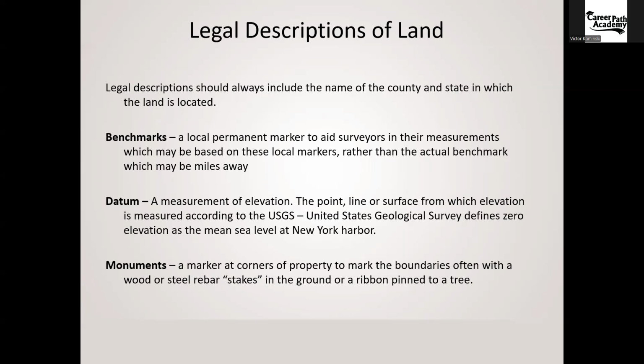And a datum is a measurement of elevation. It's a point, line, or surface from which elevation is measured. According to the USGS, that's the United States Geological Survey, which is actually a department within the federal government. They monitor our planet, the USGS.